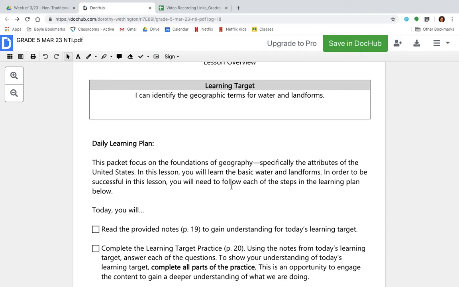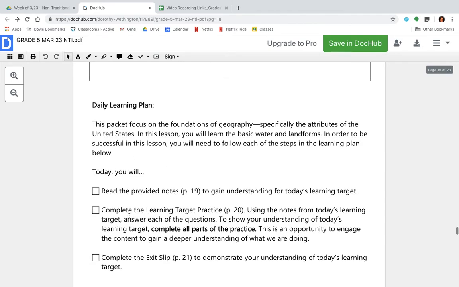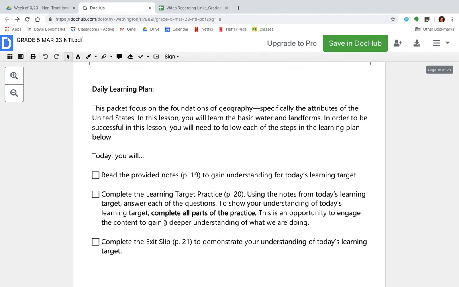In order to be successful in this lesson, you will need to follow each of the steps in the learning plan below. Today, you will read the provided notes, page 19, to gain understanding for today's learning target. Complete the learning target practice, page 20, using the notes from today's learning target.